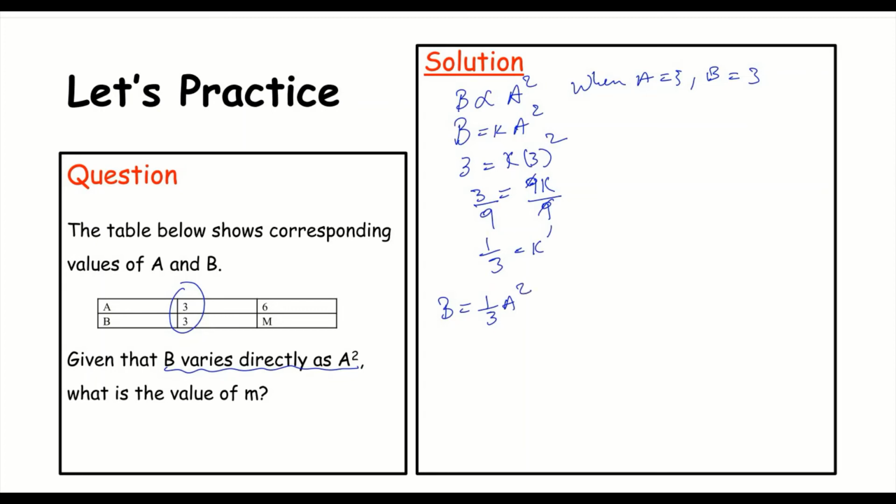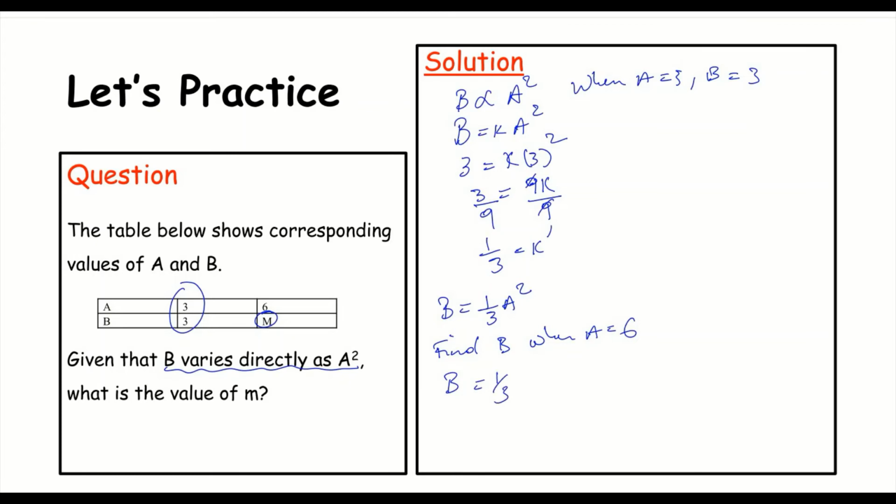Now find the value of m. So m is our B value. So the question is asking us to now find B when A is 6. So find B, which is our m, when A is equal to 6. So using our equation, B is equal to 1/3 A squared.